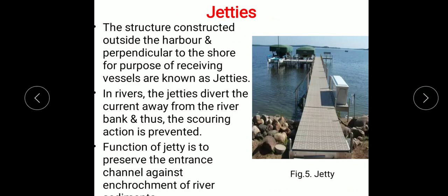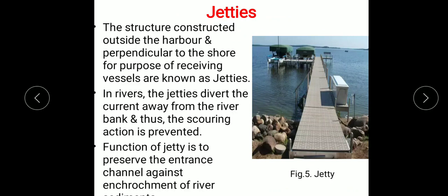The next type of structure is the jetties. If it is a single one, we call it a jetty, and for a number of them, jetties. Jetties are structures constructed outside the harbor and perpendicular to the shore for the purpose of receiving vessels.